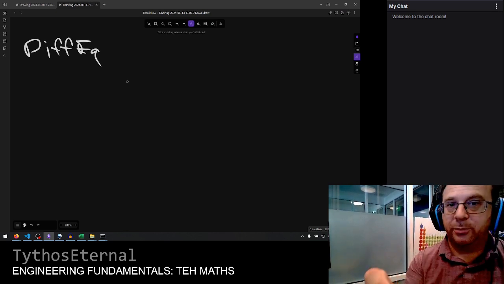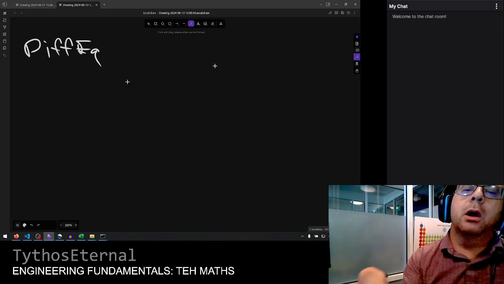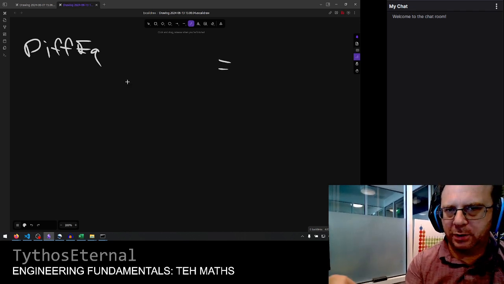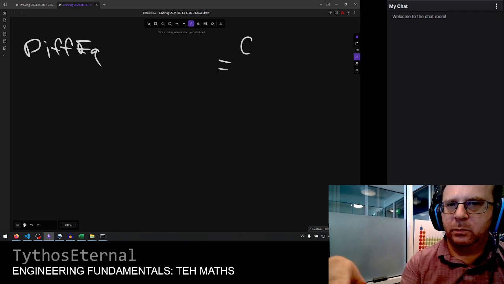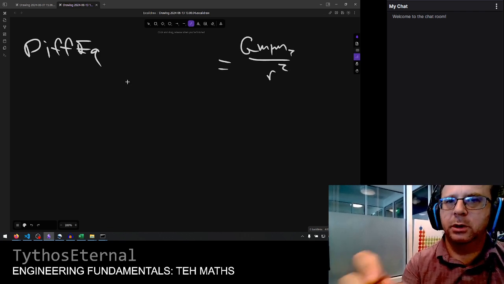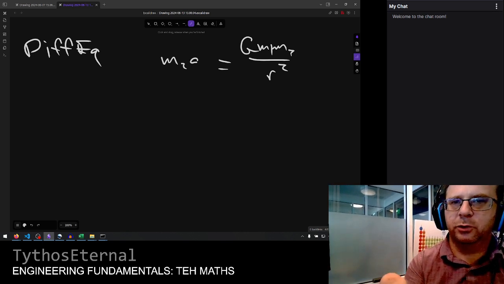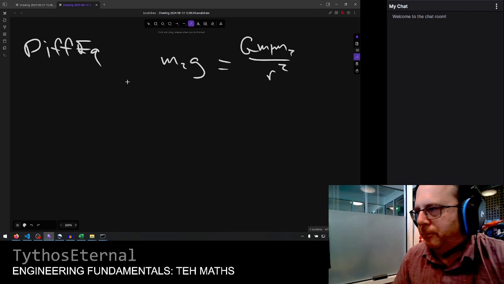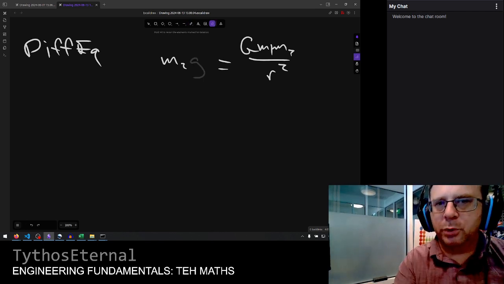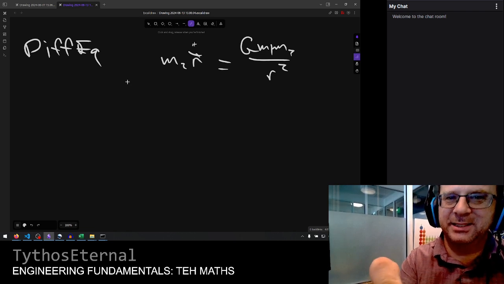Let me give you one example that is, of course, near and dear to my heart, which is orbital mechanics, right? So we have G m1 m2 over r squared. This is the force of gravity, so what is the acceleration, right? So F, r double dot.